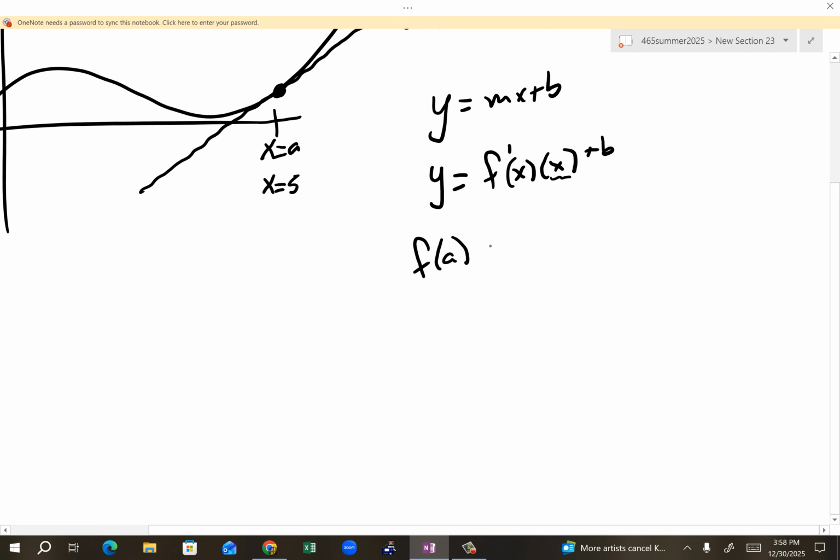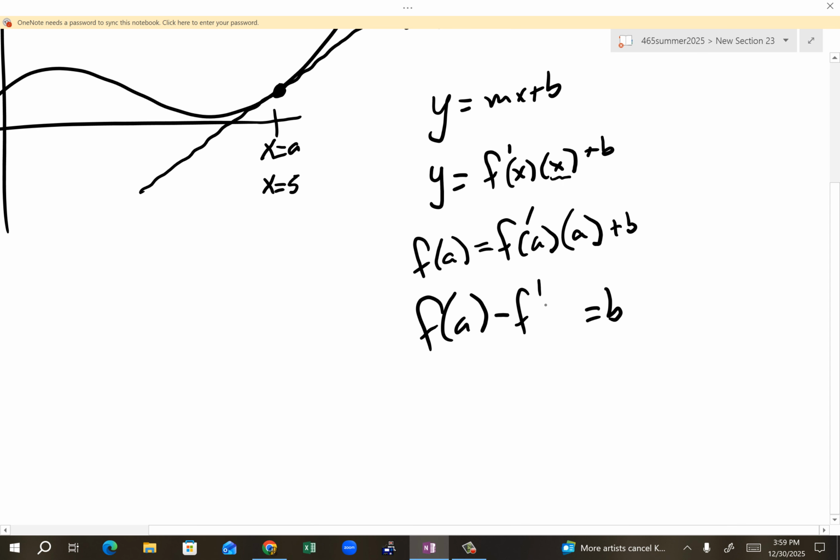Is that right? Right, in this case. It equals f prime at a, that's the slope at a, times a, because x equals a, in our case 5, plus b, and then a guy could just solve for b, right? And of course, b is f of a minus f prime of a times a. And we've done a bunch of this.